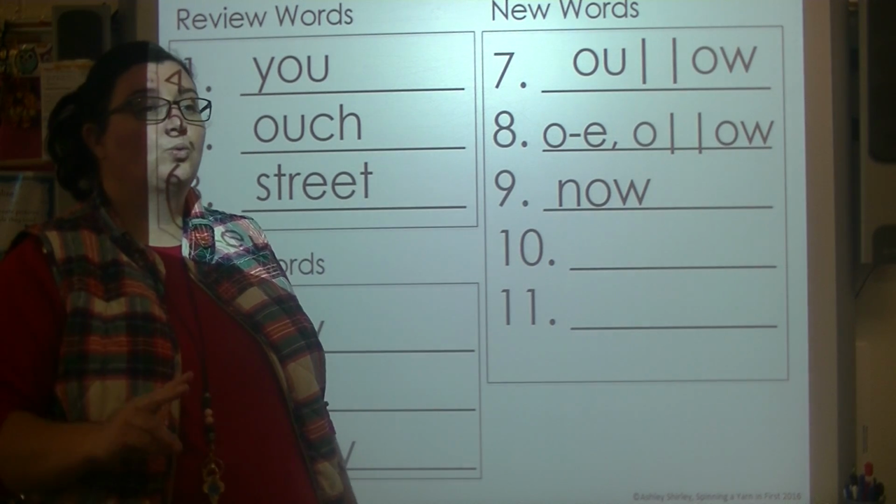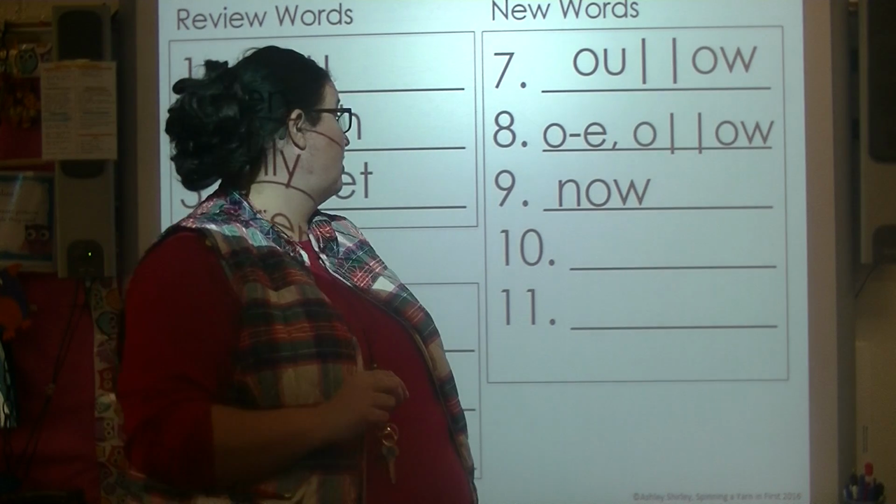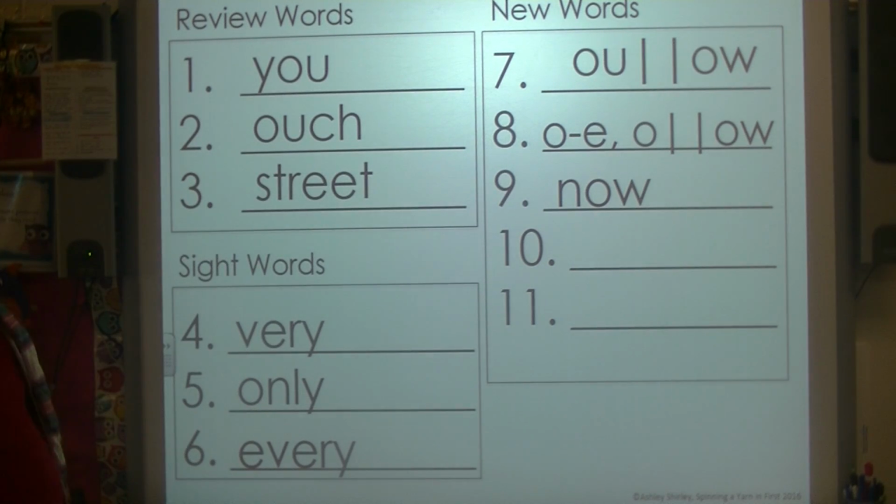G, R, O. Spell grow on number 10. Spell grow. G-R-O-W. Grow. Number 11.